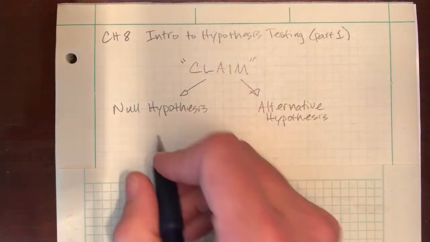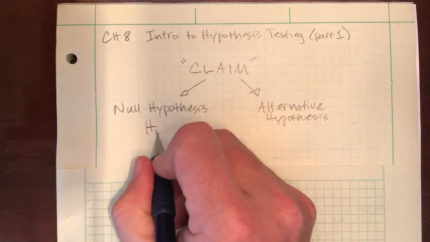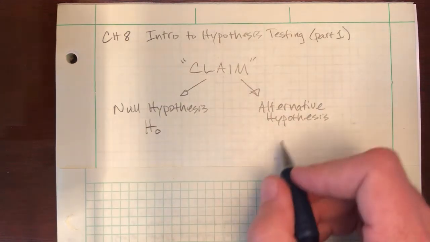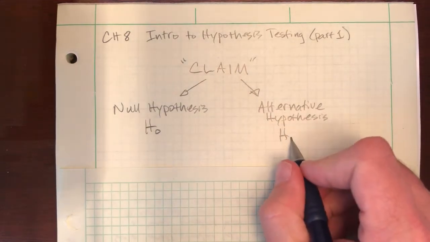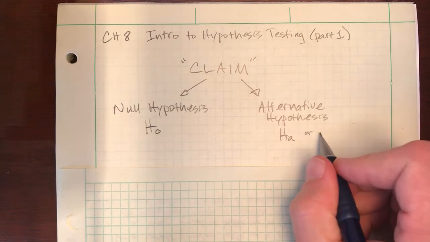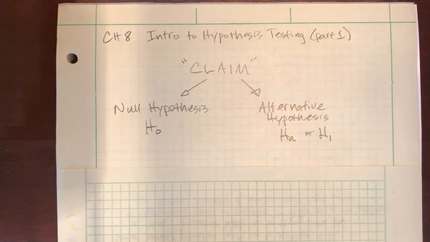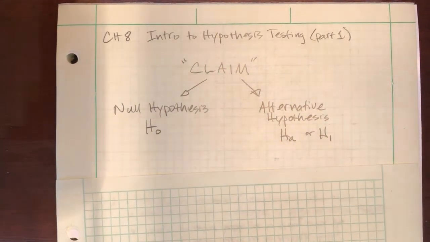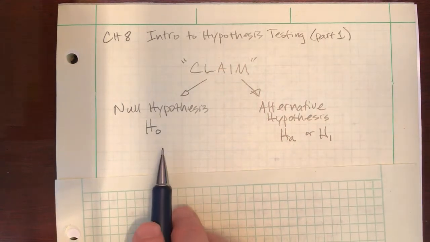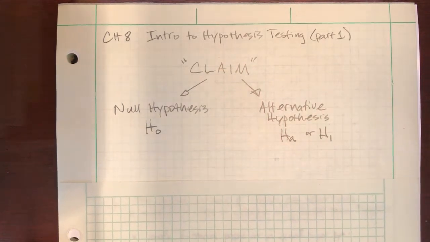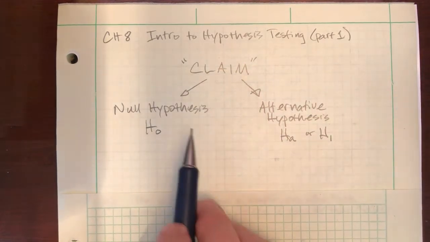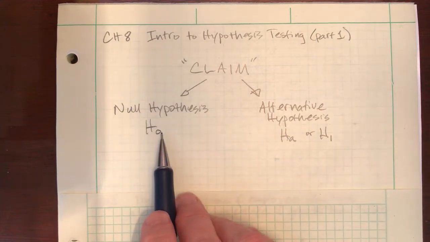We will use the symbols H sub 0 for the null and the symbol H sub A or sometimes H sub 1, depending on the book we're using or what I remember to use. So the idea is the null and alternative are two completely different statements that can't both be true.